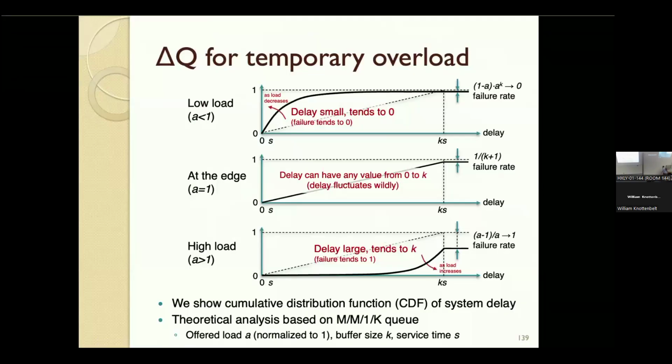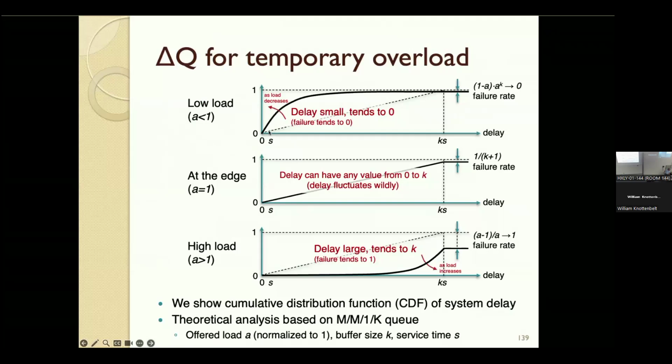I computed these from the formulas of M/M/1/K in the book by Arnold O. Allen, okay? At very low load, you can see here this negative exponential. As the load decreases, the delay is small, and the lower the load gets, the lower the delay gets.